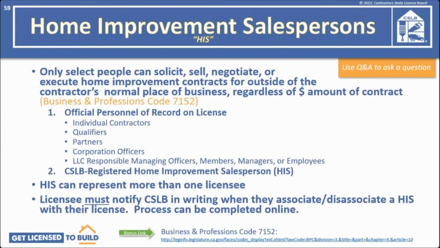Once you get your license and get to work, you might want to hire someone as a salesperson to solicit, sell, and negotiate home improvement contracts on your behalf outside of the place of business. These people are called home improvement salespersons, or HIS. Without an HIS, the official personnel of record on the license are the only ones who can solicit, sell, negotiate, or execute a contract.